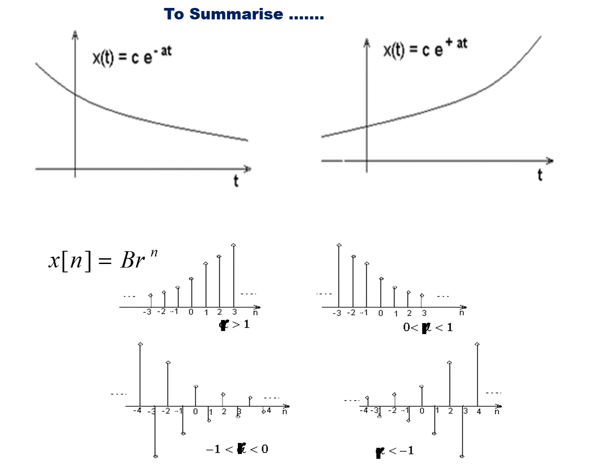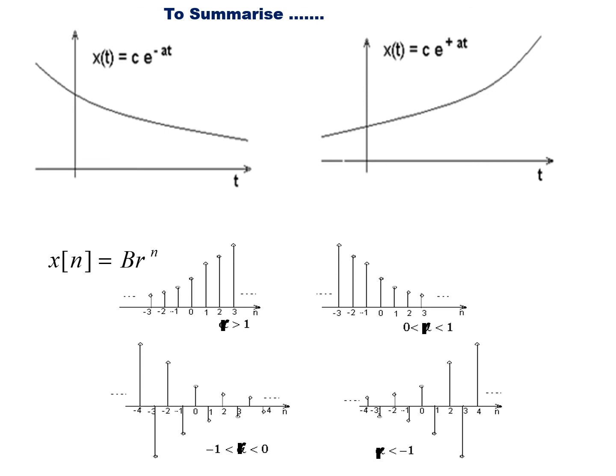In this particular example, you have taken r value between 0 and 1, a positive fraction, in which case the resulting discrete exponential is decreasing or decaying. If r is positive and greater than 1, the resulting discrete time exponential signal is increasing or growing.